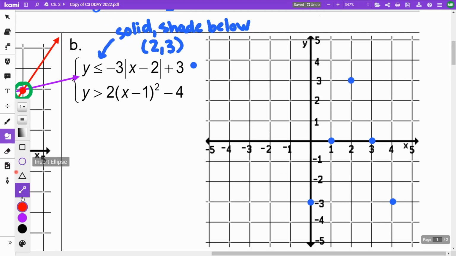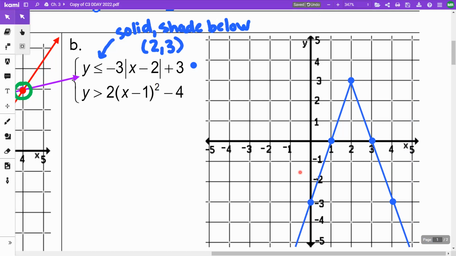So let me get my line. And I am going to draw this. And for this, again, it is solid because of the equal. And I have to shade.